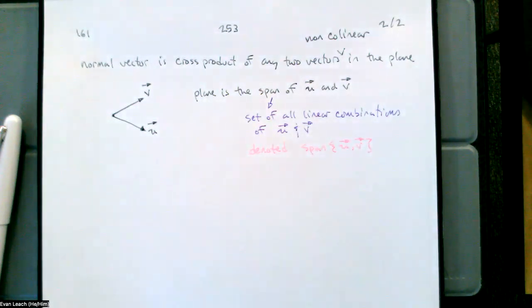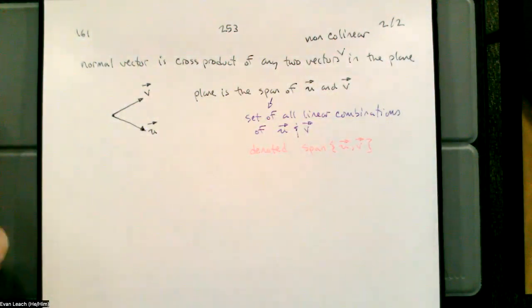Usually with a capital S, if I recall my linear algebra. So what we mean when we say all the linear combinations of u and v, that means we take every scalar multiple of u and every scalar multiple of v and put them all together.